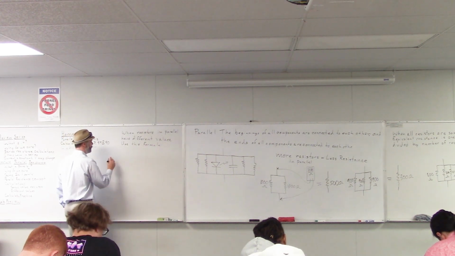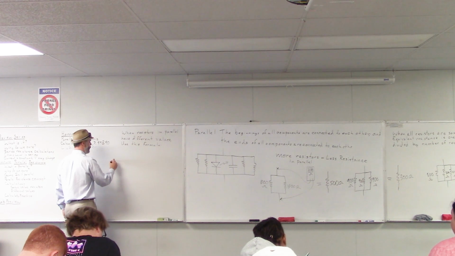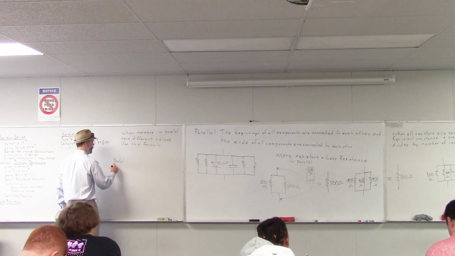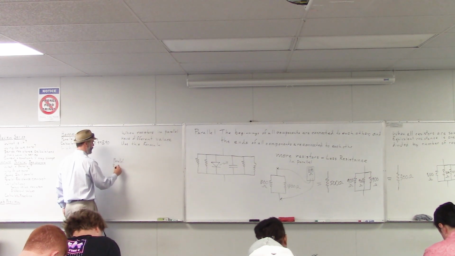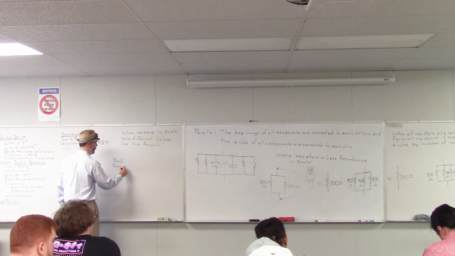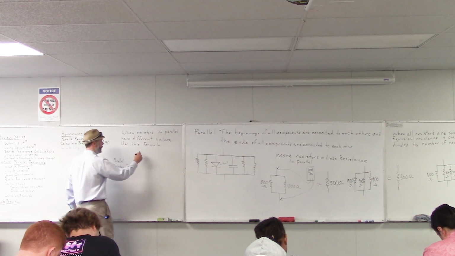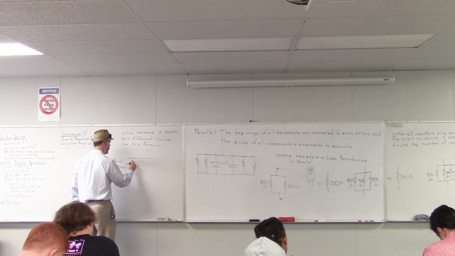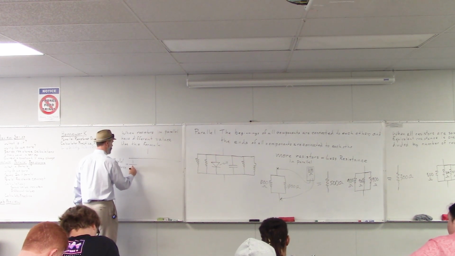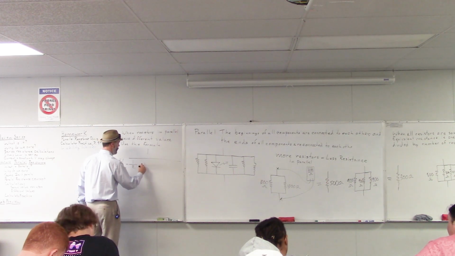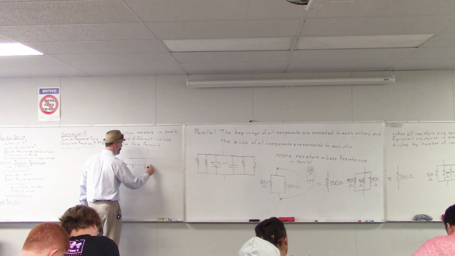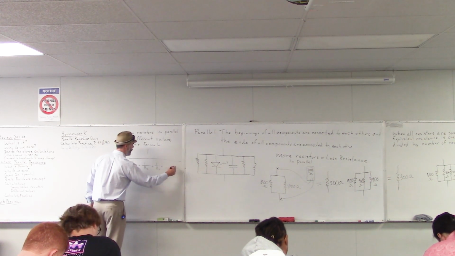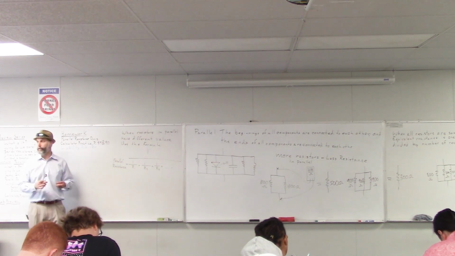The parallel resistance equals 1 divided by 1 over R1 plus 1 over R2 plus 1 over R3 plus, and then you can keep doing that for as many resistors as you have.